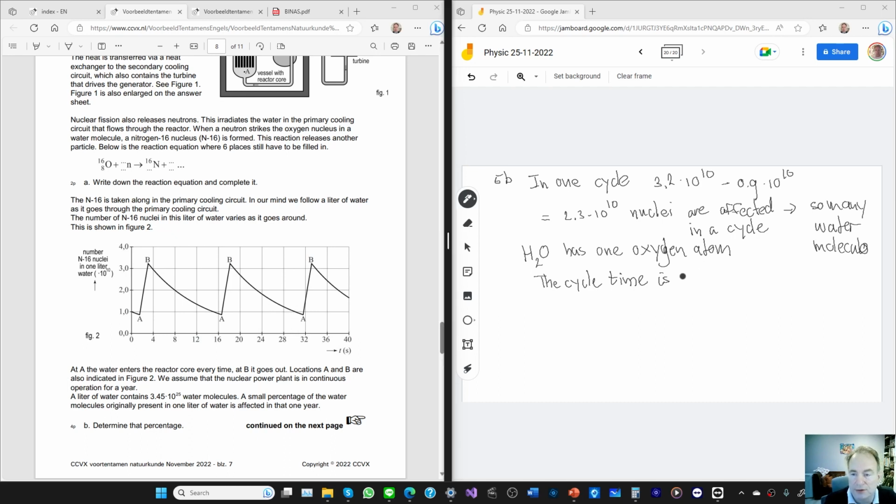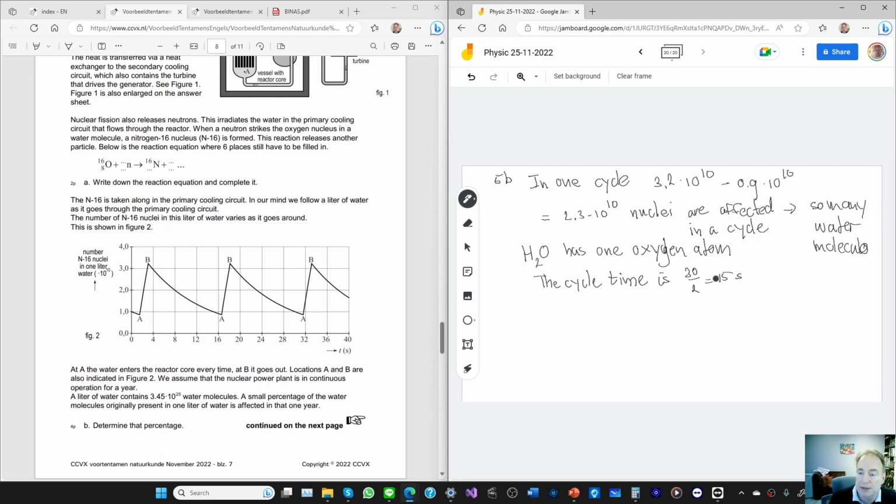And these are 2 cycles, so cycle time is 30 divided by 2, which is 15 seconds. So how many times 15 seconds are there in a year? Per year, we need to calculate the number of seconds in a year, which is 365 times 24 hours times 3,600 seconds, and divided by 15.